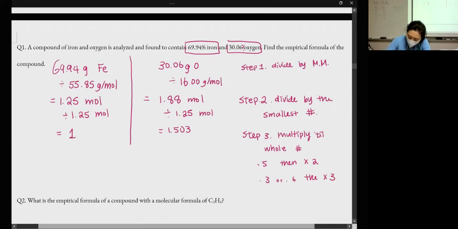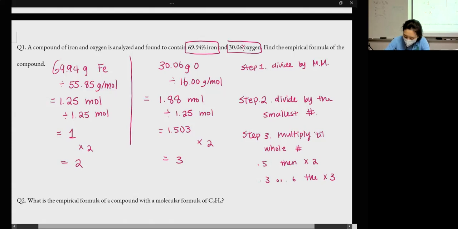Okay, so we're gonna multiply by 2 because it's 1 and 1.503. So the iron will eventually have 2, while oxygen will have 3. So 1.503 times 2 would be 3.